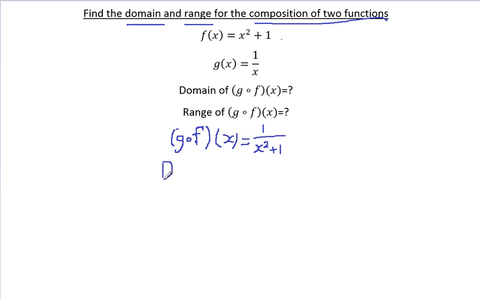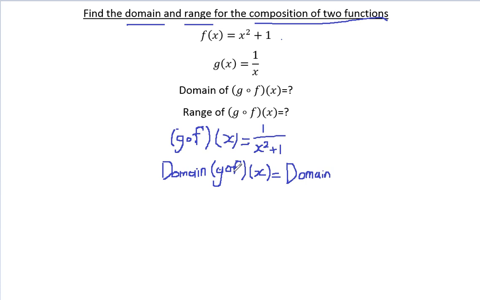The domain of g(f(x)) can be written as the domain of f(x).